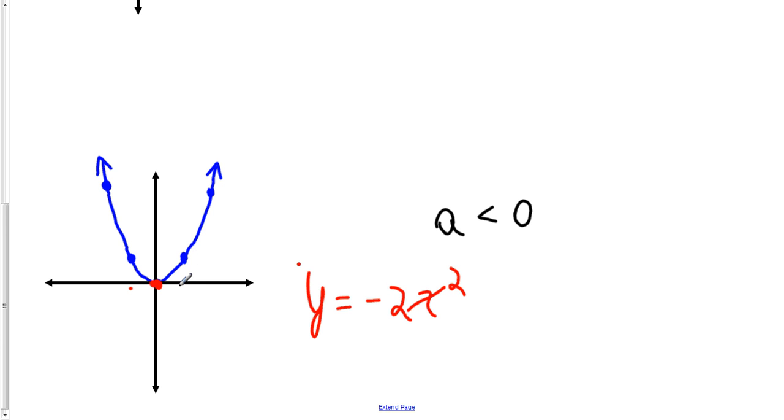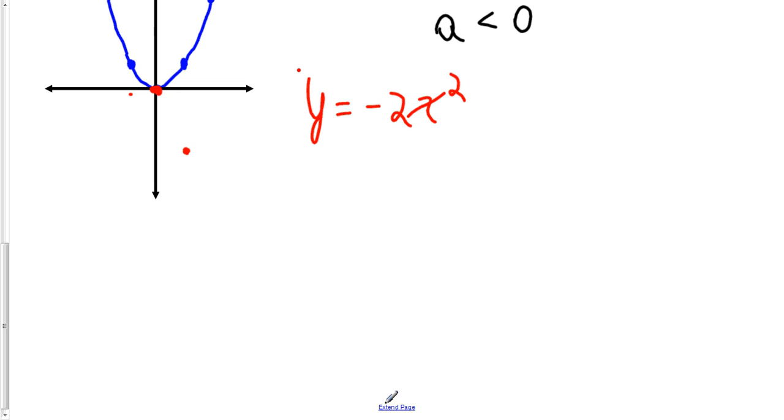So instead of going up, you're actually going 2 units down. And the same when you plug in 2: 2 squared is 4, and 4 times negative 2 is negative 8. So you're going all the way down to negative 8. And you get something that is an upside down parabola.